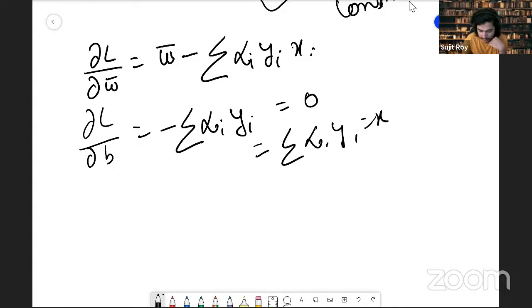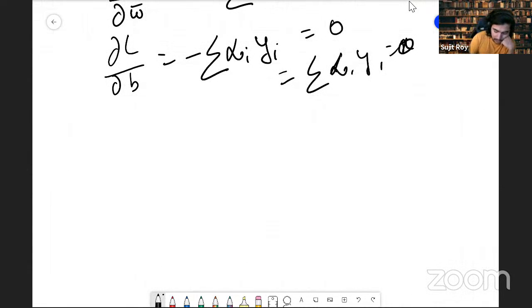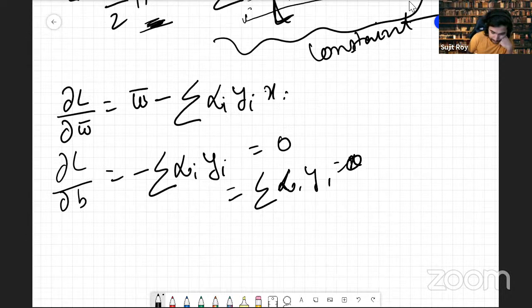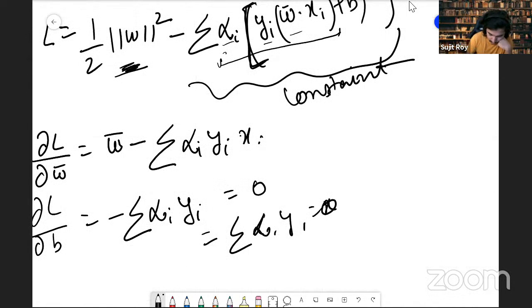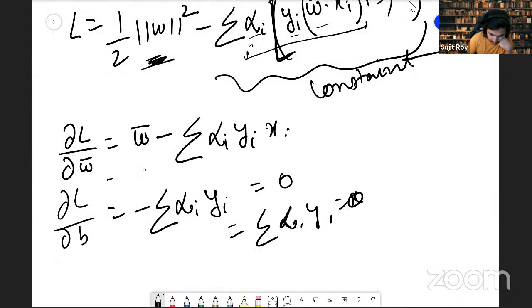equal to 0, and then we go ahead, since we already got all these values. So one value that we have got is dL by dw, which is w minus alpha i yi xi.